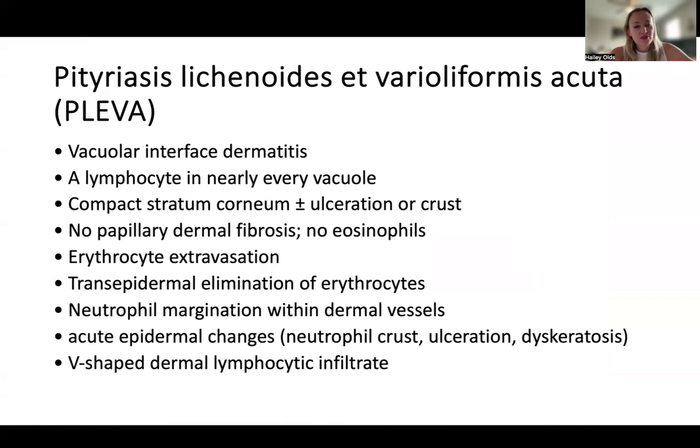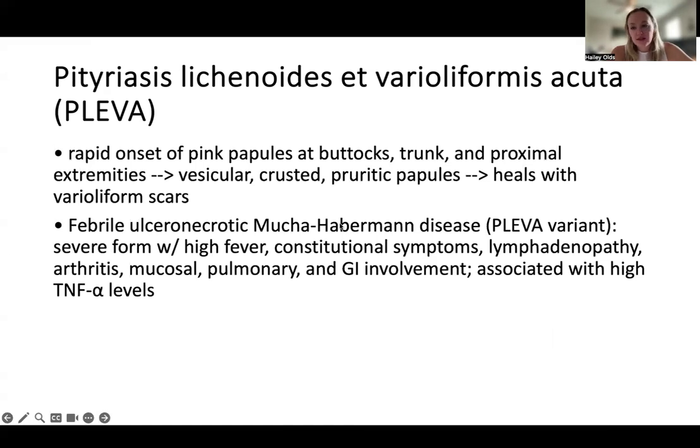You get red blood cell extravasation. You can get neutrophils around dermal blood vessels, and you can also get some neutrophil crust. And you might see ulceration as well. Clinically, these present as pink papules on the buttocks, trunk, and proximal extremities that crust over and then heal with varioliform scars.